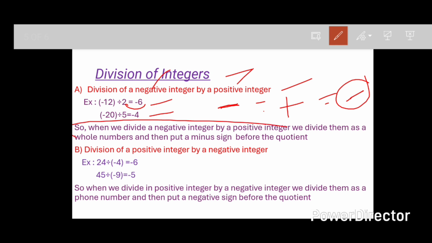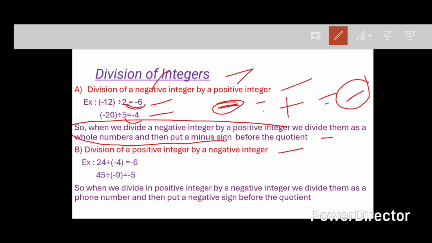So when we divide a negative integer by a positive integer, we divide them as whole numbers and then put a minus sign before the quotient. Its meaning is, first you should ignore the signs. Just normally you should divide. 5 4s are 20, 2 6s are 12. Then keep the signs, negative sign. Okay, this is the process how we should divide.